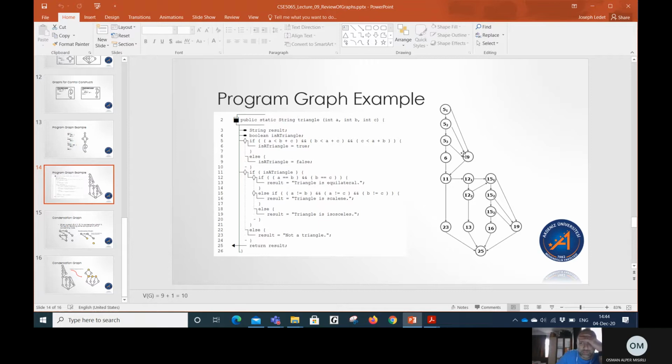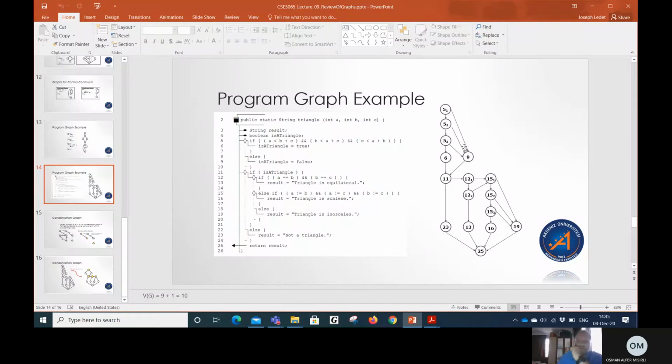What that means is, this is considered a bounded region here, this is a bounded region, and this is a bounded region. So it's the number of bounded regions plus 1. So 1, 2, 3 bounded regions, plus 1, would be 4.